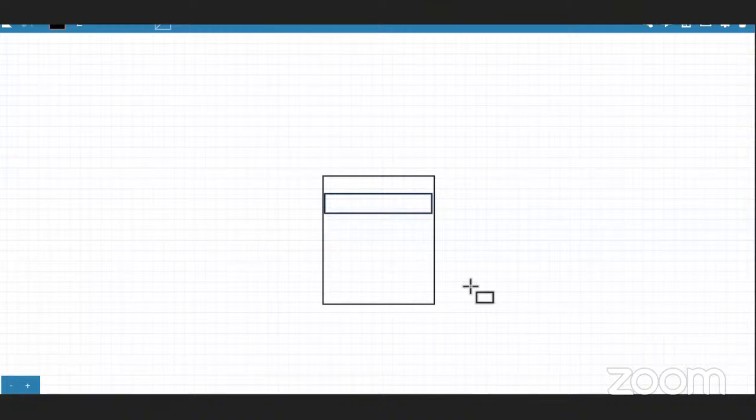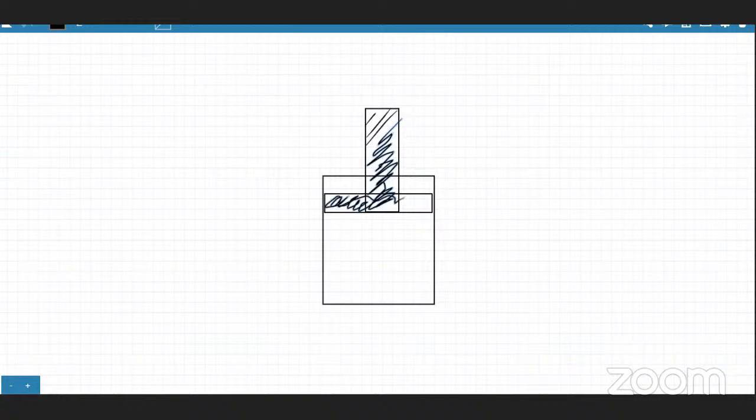If you have a container and that container has a movable piston, and a bunch of gas particles in it.